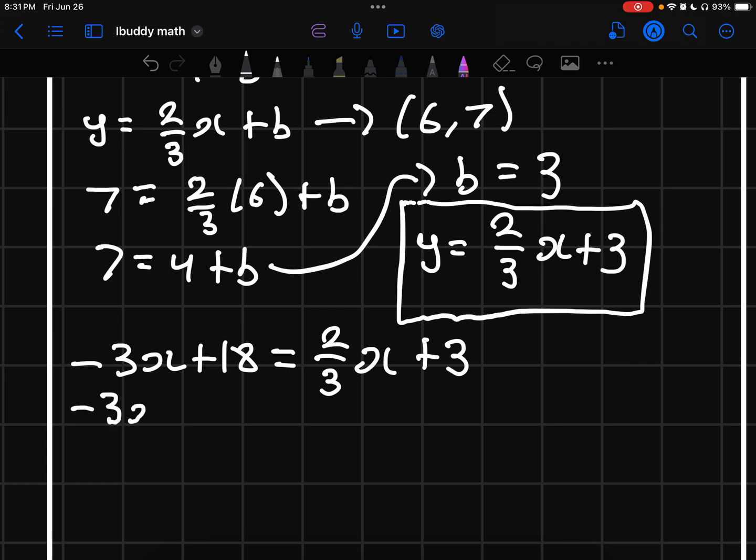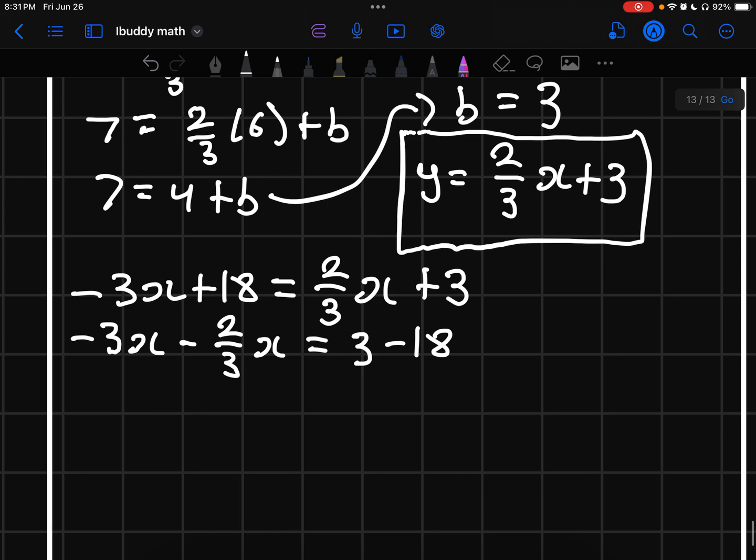So negative 3x minus 2 over 3x is equal to 3 minus 18. So we can then turn this into negative 9 over 3x minus 2 over 3x is equal to negative 15.